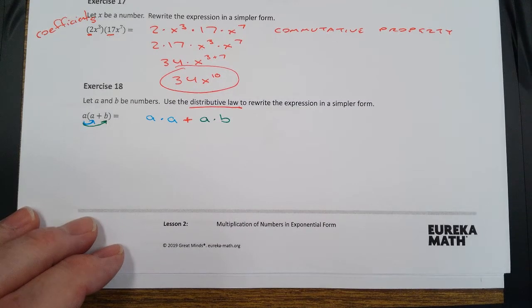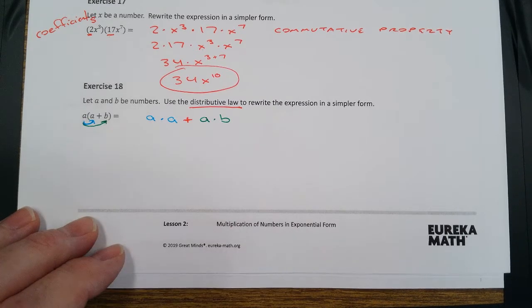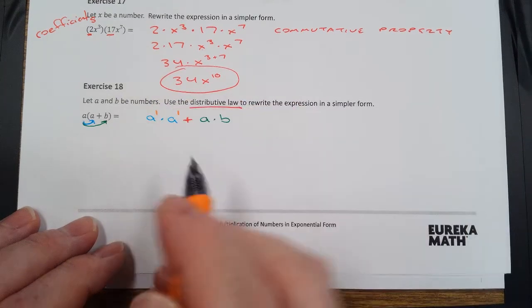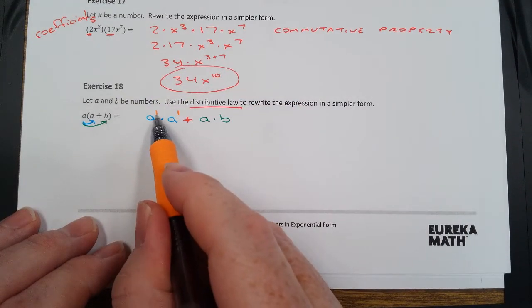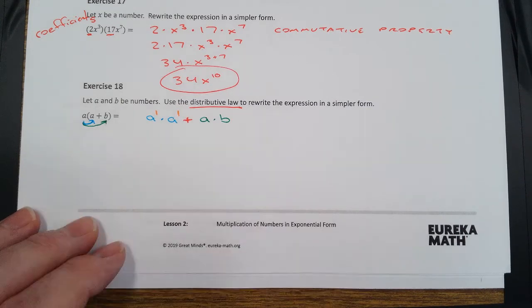Now here's another trick that I hope you remember from exercise 13. We have A's next to each other, but remember that when there is no exponent, the exponent is 1. So this A really means A to the first, and this A really means A to the first.